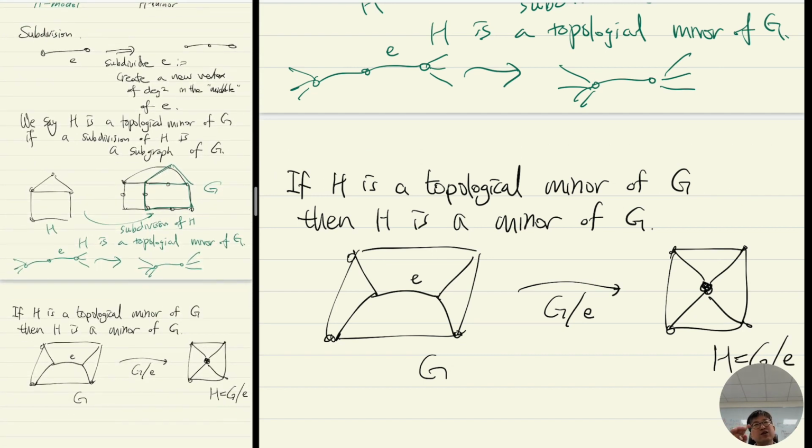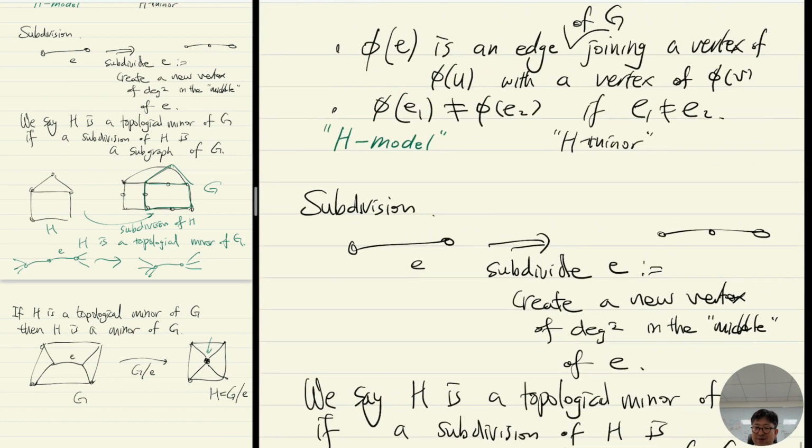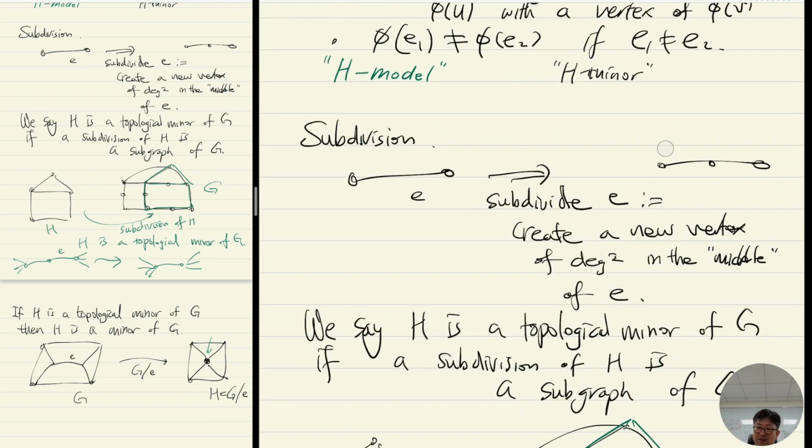No, because imagine a subdivision of H. Now, the degree of the branch vertices, so these are called the branch vertices. Okay, let me say it this way. When you take a subdivision, these two vertices are initial vertices, so these are called branch vertices, and that's a subdividing vertex.